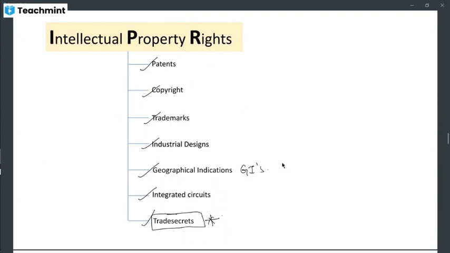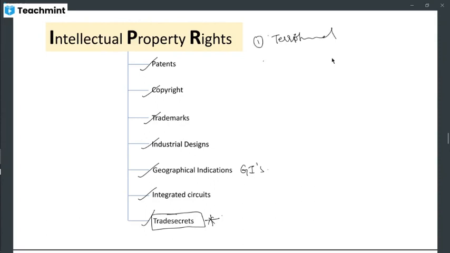So intellectual property rights might be territorial in nature. That is, the rights which are present in India might not be applicable in another country. Territorial in nature, that is one thing.